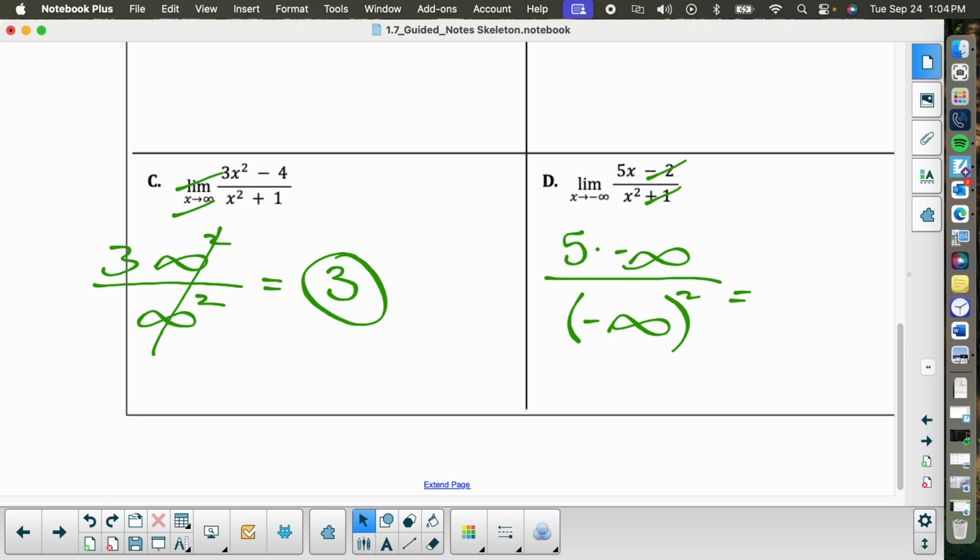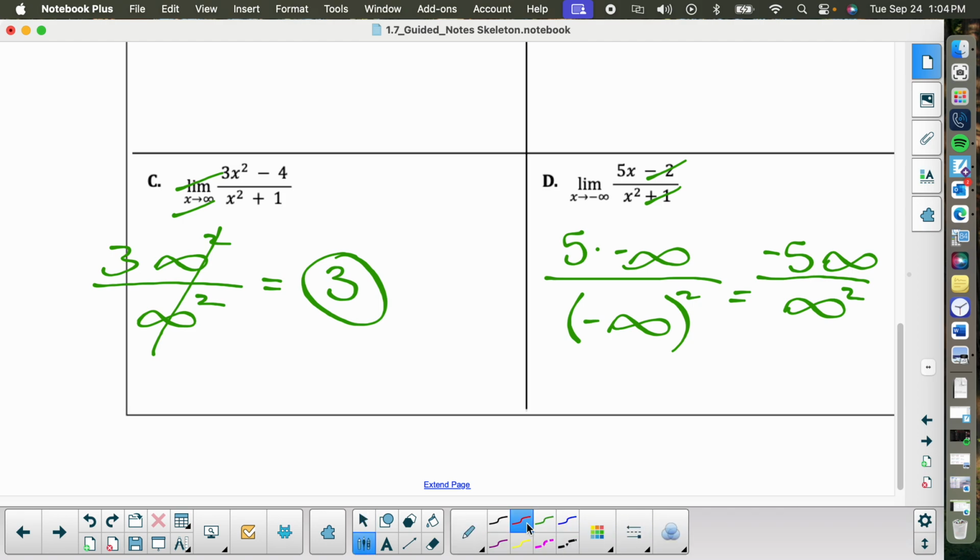So this would be negative 5 on the top. On the bottom, negative infinity squared would turn positive. Oh, sorry, I forgot to write infinity. The bottom, the negative infinity would turn positive, so you would only have infinity squared. So you kind of simplify it first before we cancel them out like variables.